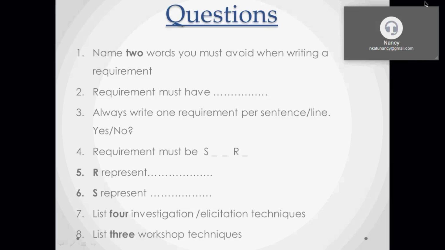Okay, number 4, your requirements must be, what is the missing word? Smart. Is specific, sorry. Your S is specific. Yes, good. Because your S is specific, not smart. So the old word is that your requirements must be smart, but your R is relevant and your S is specific.